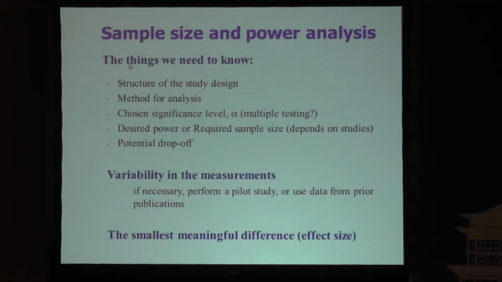The other important aspect of the sample size calculation and power analysis is how to choose the proper significance level alpha. In the majority of studies, people still use 0.05 as a magic number for the significance level alpha. However, for some specific studies, this can be different.